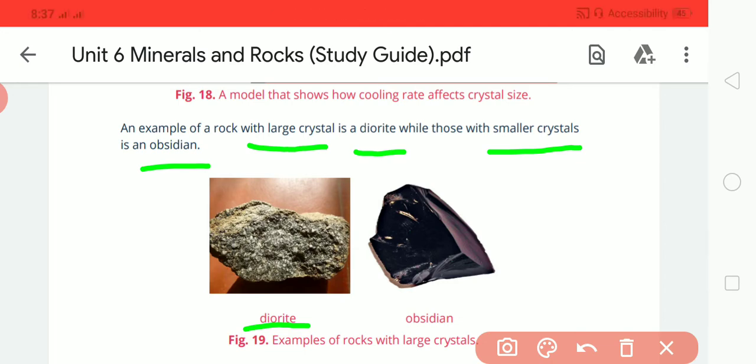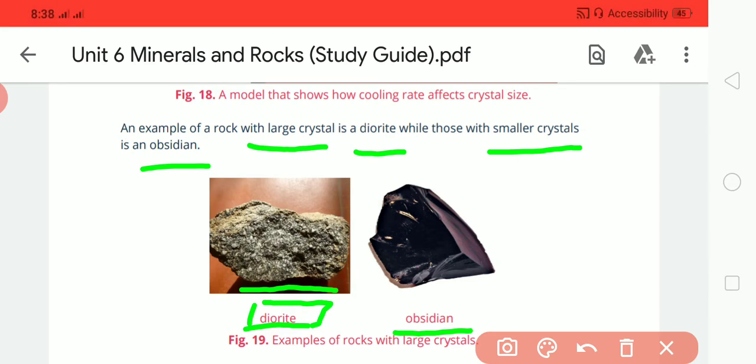extrusive igneous rocks. So, diba, by just observing the different qualities of these two types of igneous rocks, we can say nga si diorite, since it is an intrusive rock and it has slow cooling, so maka-form siya og dagko na mga crystals.